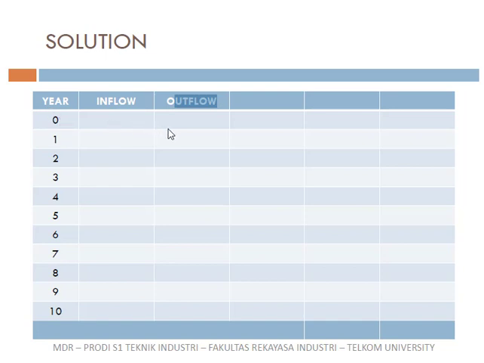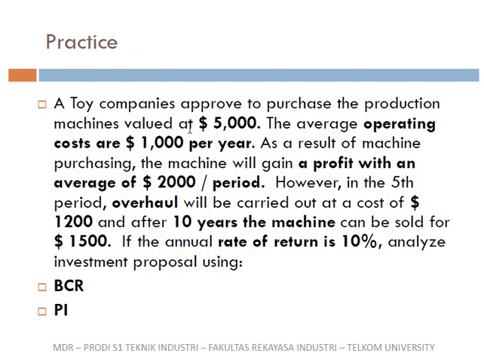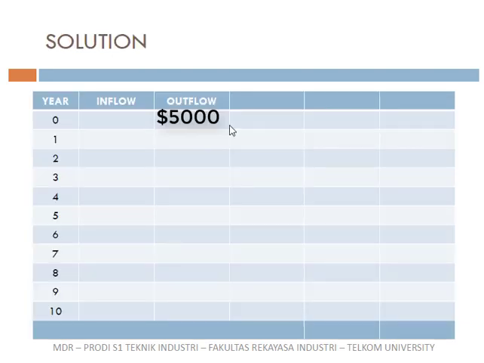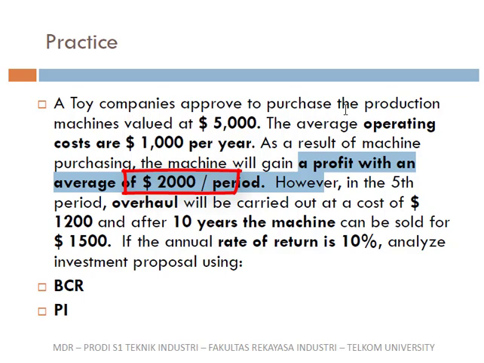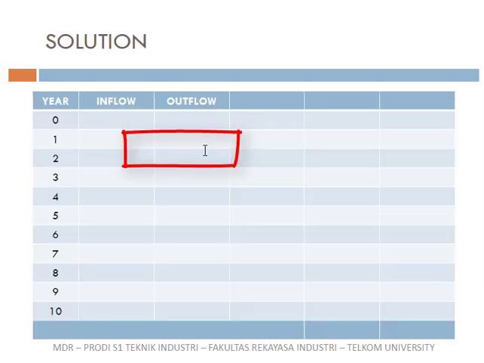At the beginning of time, we purchased a machine, so you put 5,000 as the initial investment. According to this case, that 5,000 is the price of the machine. We also have the annual benefit starting at the end of year 1. We put 2,000 as a profit, and then we have the operating cost, which is 1,000 per year.